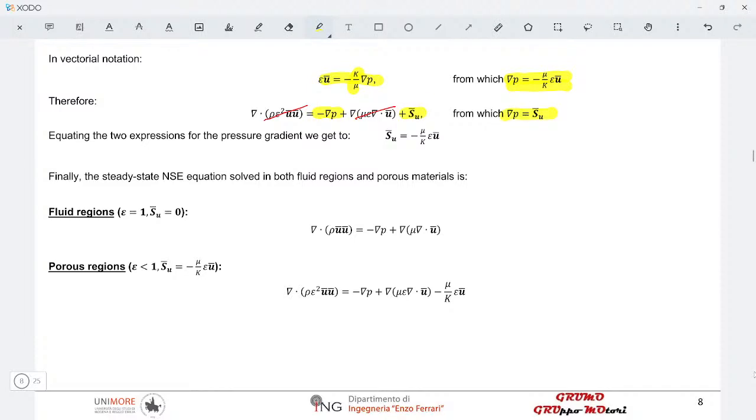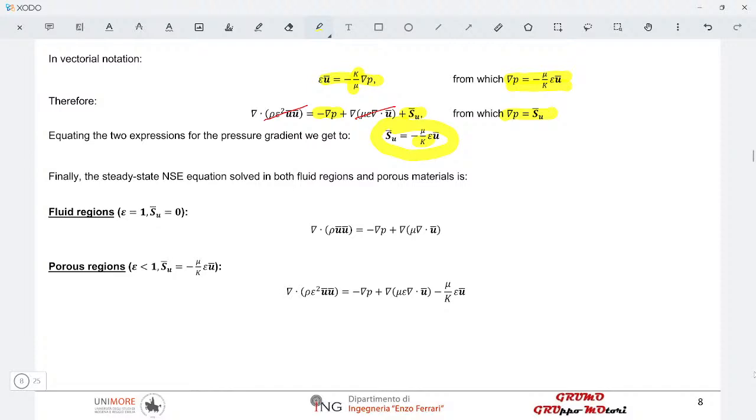So we have two expressions for the pressure gradient, and we can equate them. So we get to this form here. This means that our vectorial source term for the momentum can be derived from the Darcy equation, where K is the permeability of my porous material.